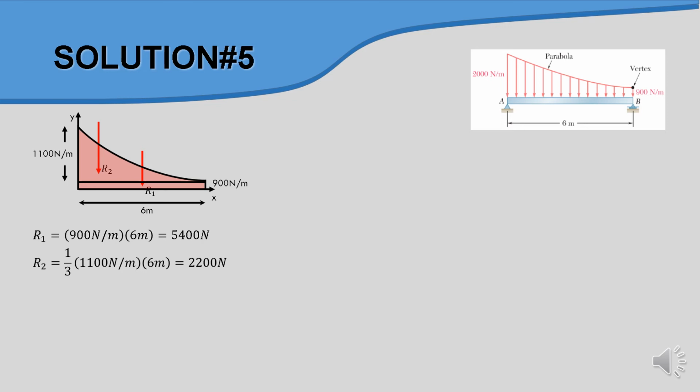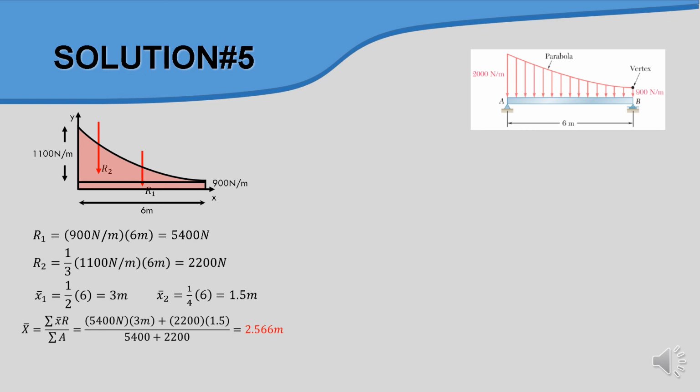7,600, and then we also need to get the value of x bar 1 and x bar 2. For x bar 2, you need to use a formula. For x bar 1 it is very easy, just divide by 2. Okay, 6 divided by 2 is equal to 3.